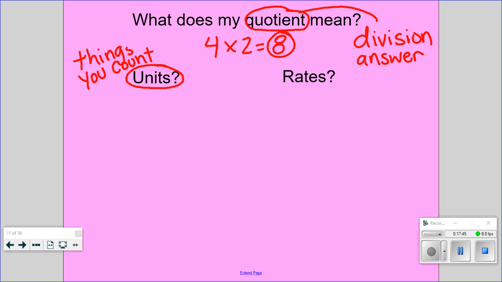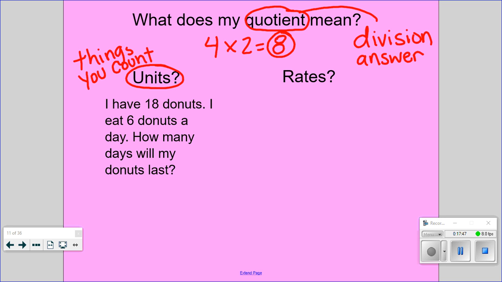In division, it might look like this. You do not need to write that. But let's pretend I have 18 donuts. I eat 6 donuts a day. Keeps the doctor away. How many donuts, or excuse me, how many days will my donuts last?